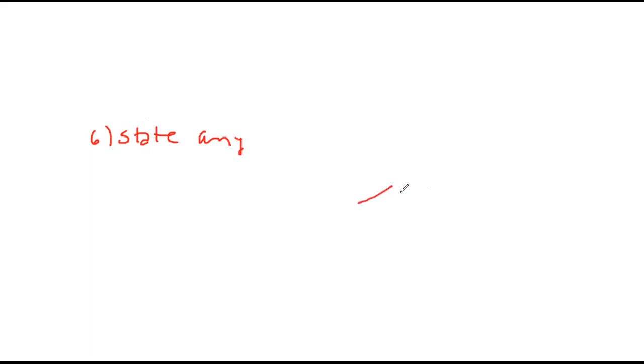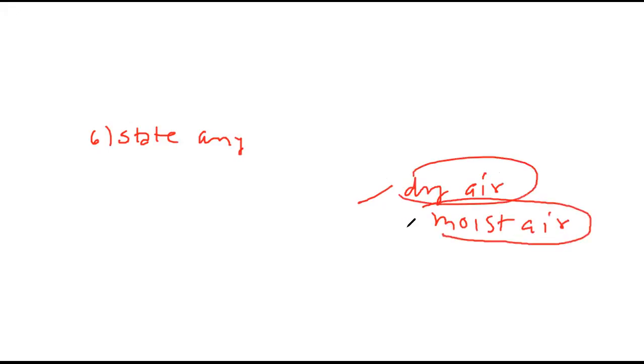How many types of air are there? Two types: dry air and moist air. It is not called wet air, it is called moist. Moist air's density is less than dry air. So you can say first it depends upon altitude, second density of air.